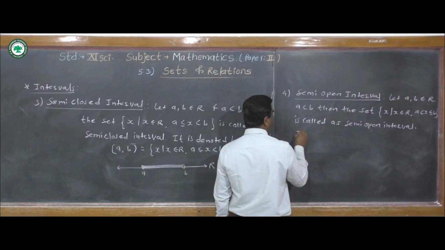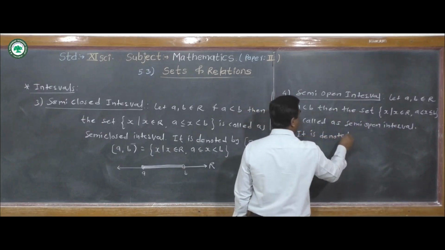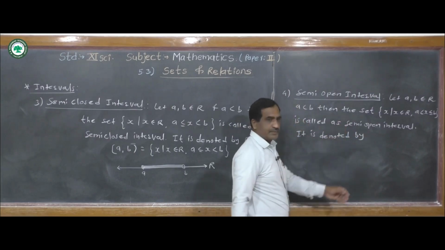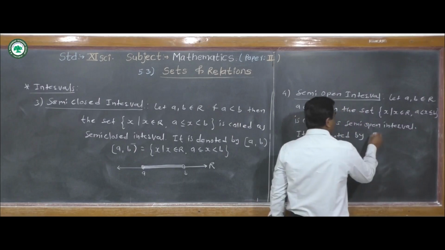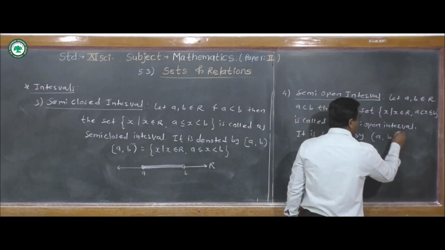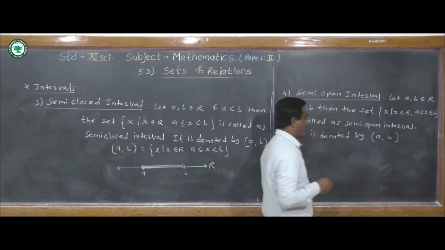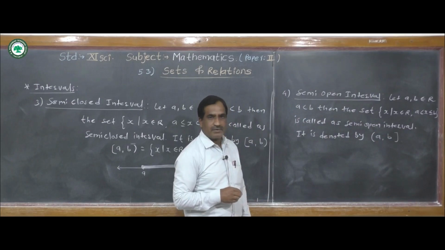It is denoted by (a, b], with the open bracket at a and the square bracket completed at b. So this is the notation for the semi-open interval.